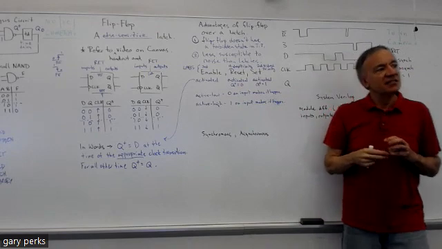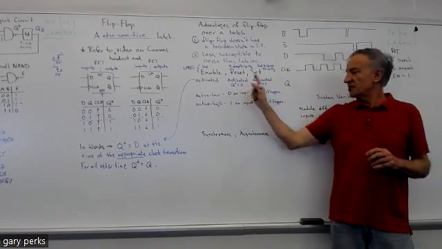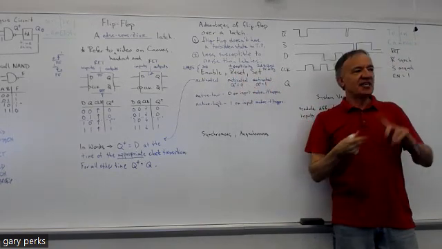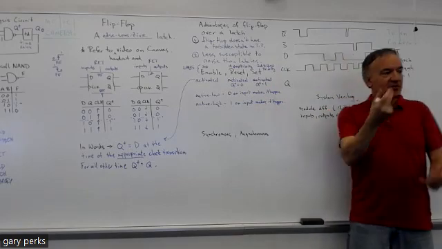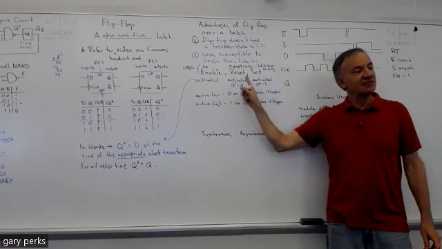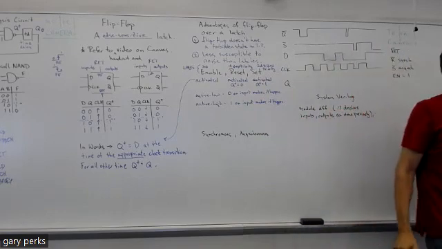Is that just for a reset? No, that's for all of these. These are 3 different inputs, and each one of these can either be active low or active high. Whatever makes them active, whether it's a 0 or a 1, once it's active, then it will happen.